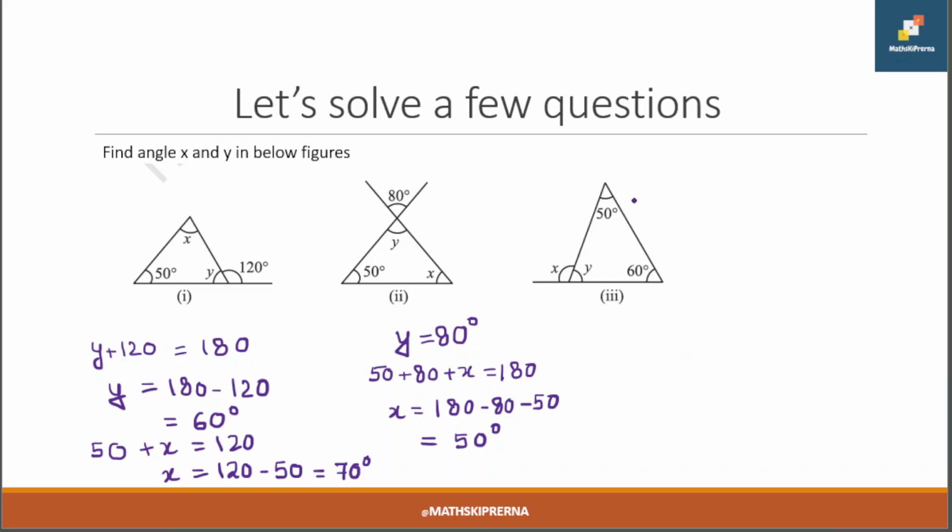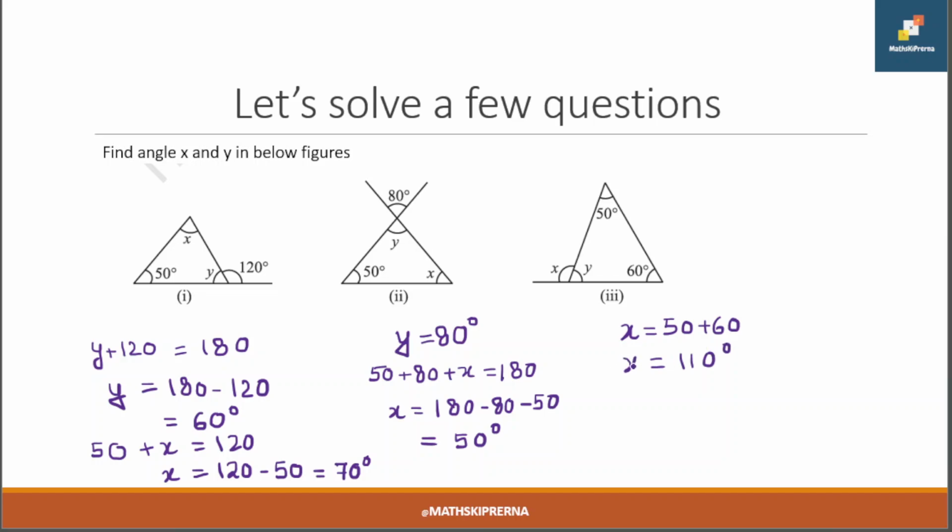Okay, and let's do the third part of the question. We have to find x and y. So x is the exterior angle and y is the adjoining interior angle. Now, exterior angles, we know it is equal to the sum of non-adjoining interior angles. So x will be equal to 50 plus 60, which is 110 degrees.